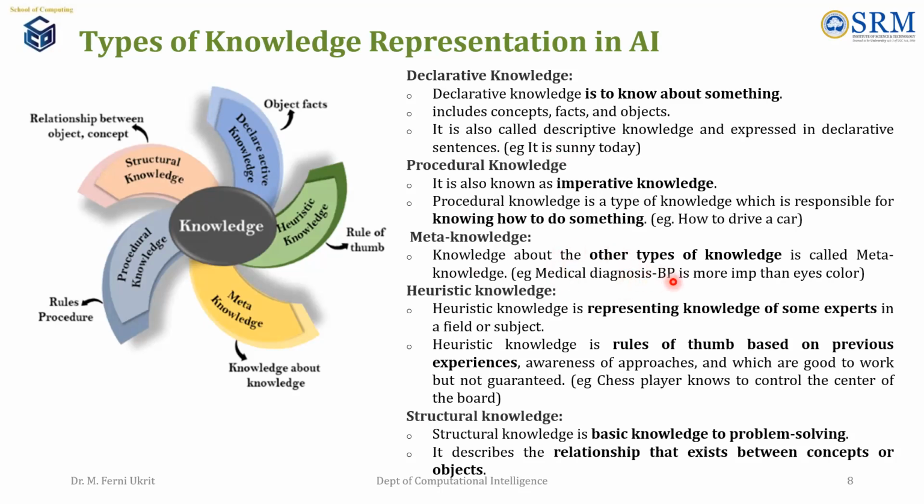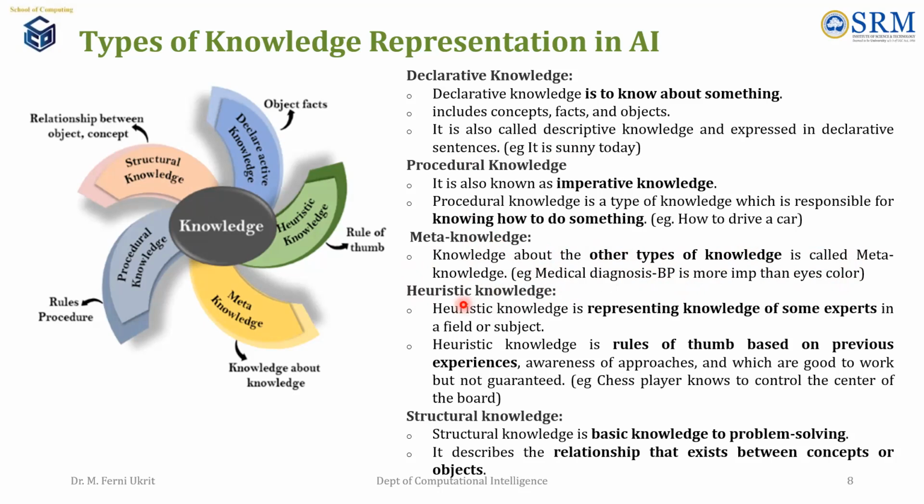Normally when we go for any diagnosis, they take the blood pressure also. Blood pressure is very important knowledge, because based on it the doctors diagnose some conditions. But other things like eye color or hair color are not much important, not at all needed. That is what meta knowledge is.